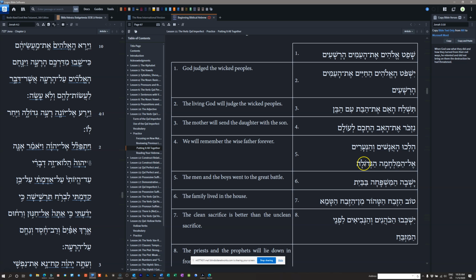Well, it comes after its noun, and it matches its noun's definiteness. Ha-milchama is definite. Gedolah has the article. This is almost certainly attributive. How do we translate an attributively functioning adjective into English? It's usually the adjective followed by the noun. So that would be the great battle. Not the battle is great, but the great battle. So the men and the boys or the servants went to the great battle.